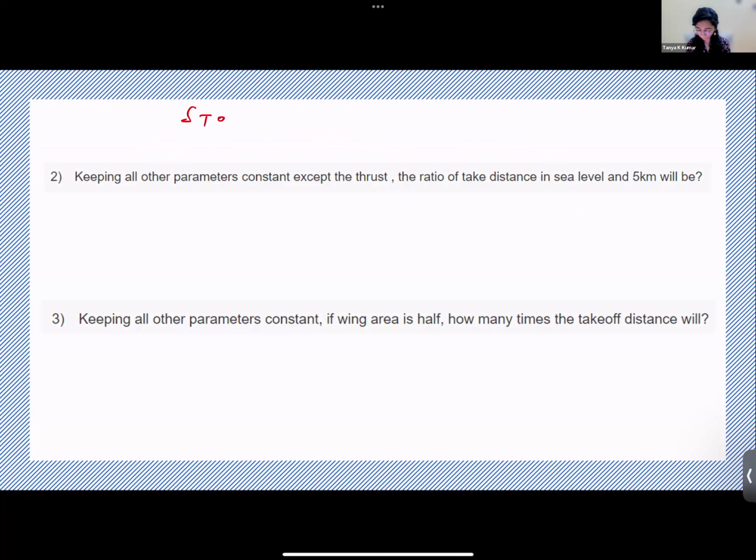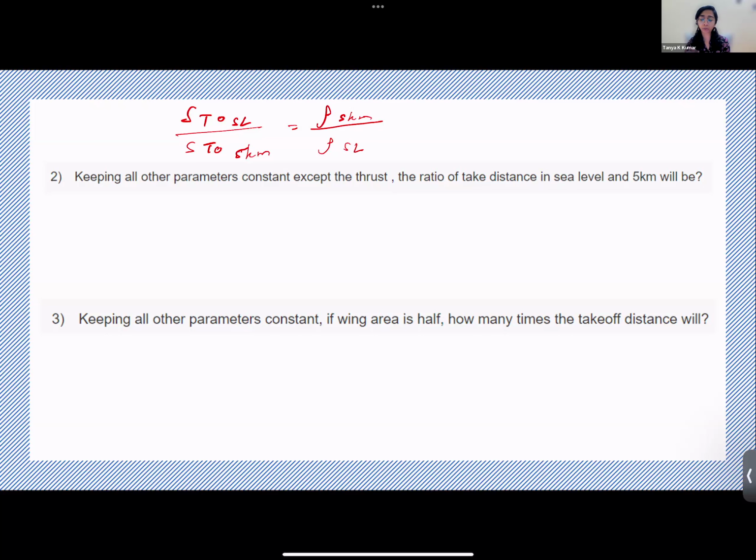Let's say they've asked for the ratio between sea level and 5 kilometers. S takeoff at sea level over S takeoff at 5 kilometers would be the density at 5 kilometers over the density at sea level. I think in the solutions, this was given as the square of the densities, which is wrong.